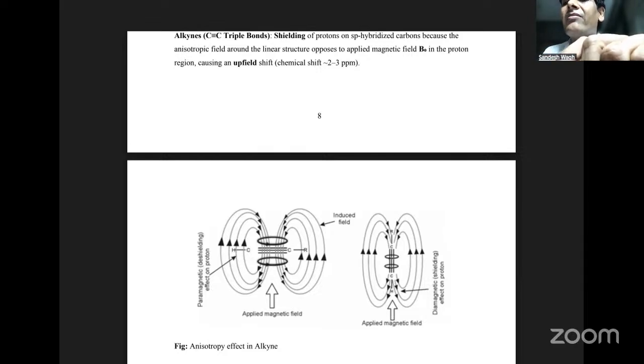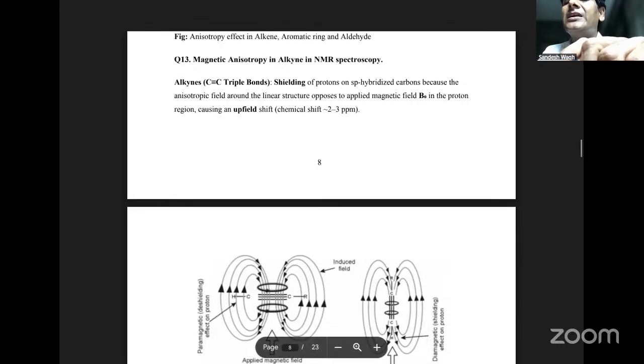And the net result of both will lower the chemical shift value. You can see the chemical shift value for alkynes is 2 to 3, although the alkyne carbon is more electronegative compared to the double bond, as the double bond is sp2 hybridized with less s character.